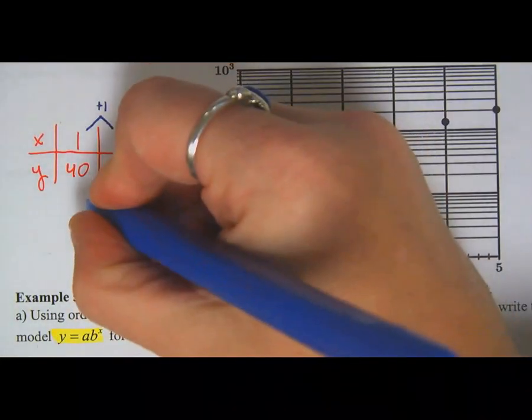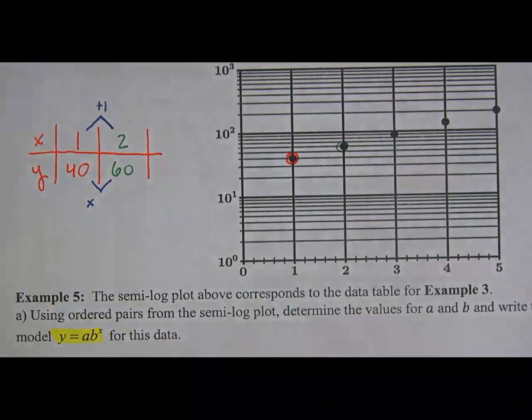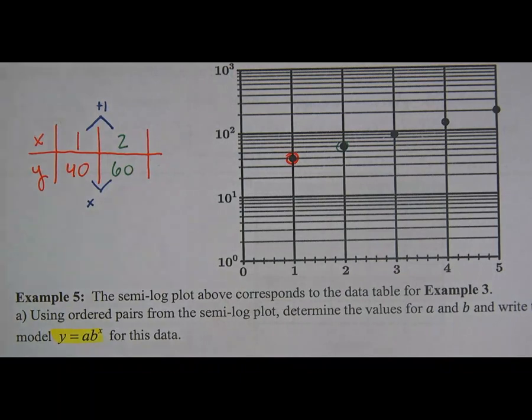If you can figure out what we're multiplying by to get from 40 to 60, then that's going to be our value for b. It's the rate of growth. How do you figure out what I'm multiplying by to get from 40 to 60? It's a fast way. Divide. Yeah, 60 divided by 40. 6/4 without a calculator.